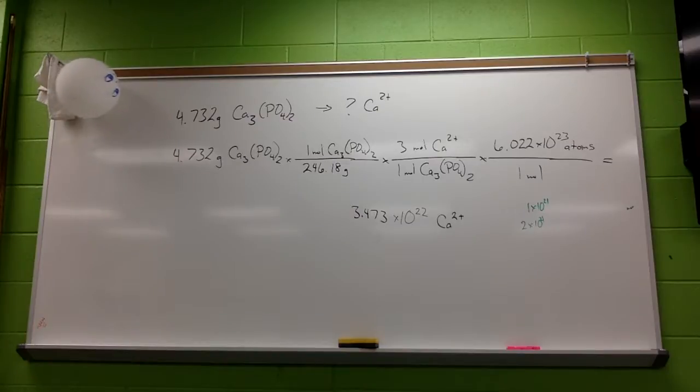For example, the first answer thrown out was 3.47, and then somebody threw out 3.472 something. Either one would have been acceptable on the AP exam for 90% of the questions because you were within one of the correct number of significant figures.